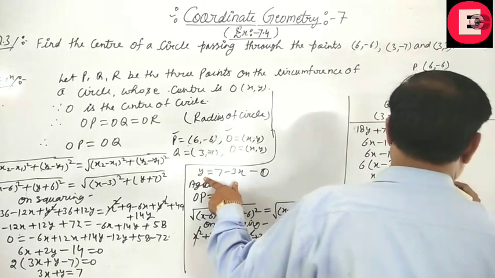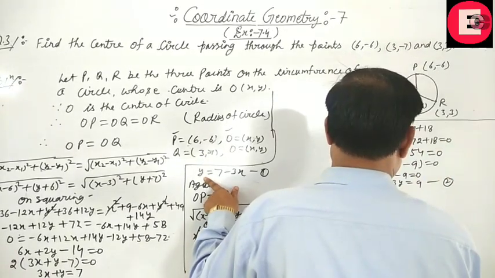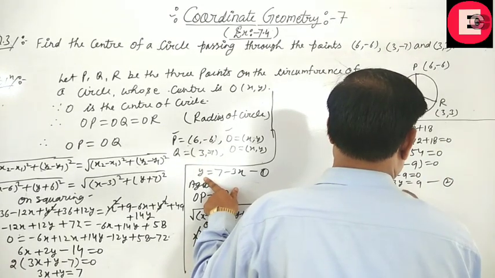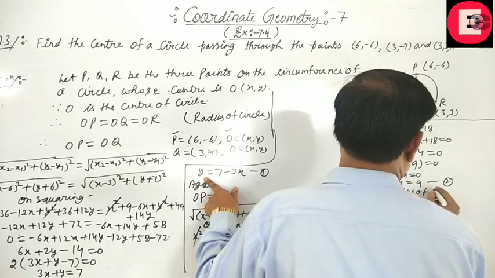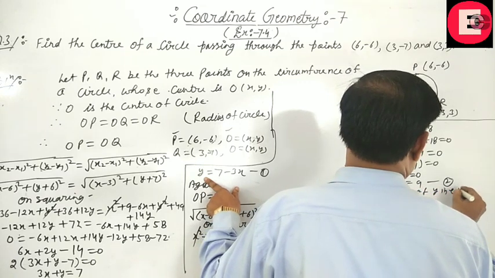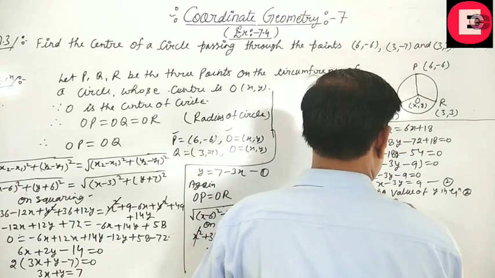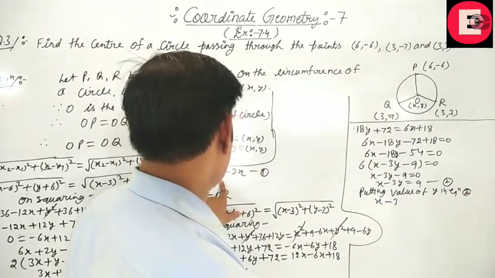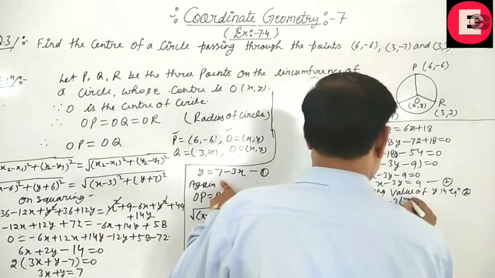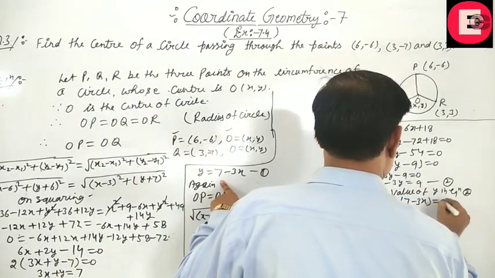Putting the value of y in equation 2, x minus 3 times the value of y, which is 7 minus 3x, is equal to 9.